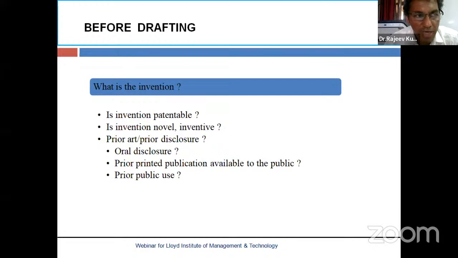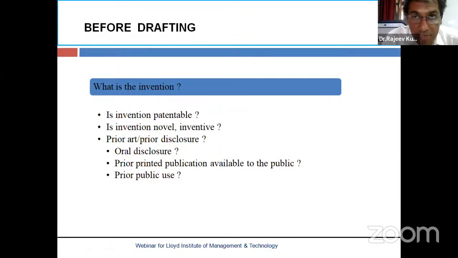For example, Google Patents, and the European Patent Office for European patents. For US patents, you have another database called USPTO. And for the WIPO applications, which we will be discussing later, we have another database called Patent Lens. I'll just repeat.